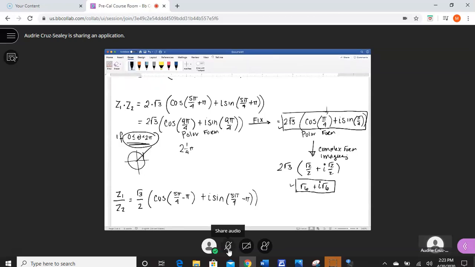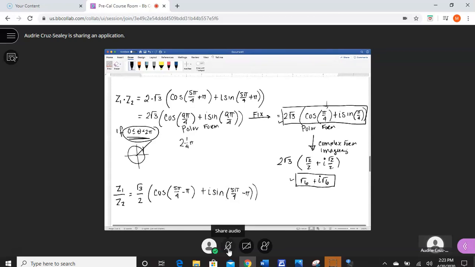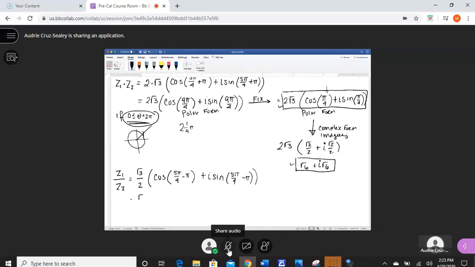And so then if I were to simplify this, and that's it. You don't have to fix the angle because the angle is already in between 0 and 2 pi.